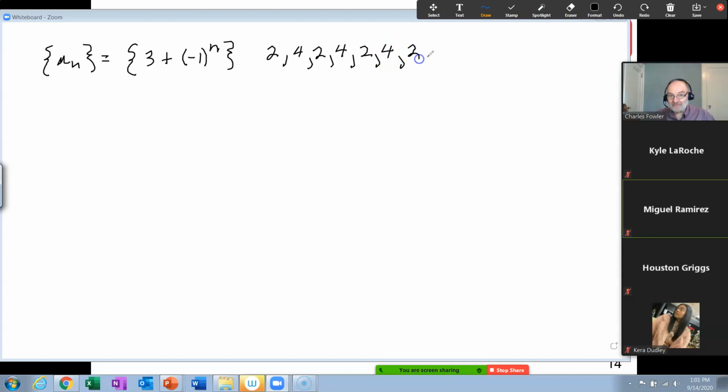Do you see the pattern here? Dot, dot, dot. Okay? Do you think that converges? Is there some number that if you get far enough out there, every one of those terms is going to get closer and closer to that number? No. Okay?